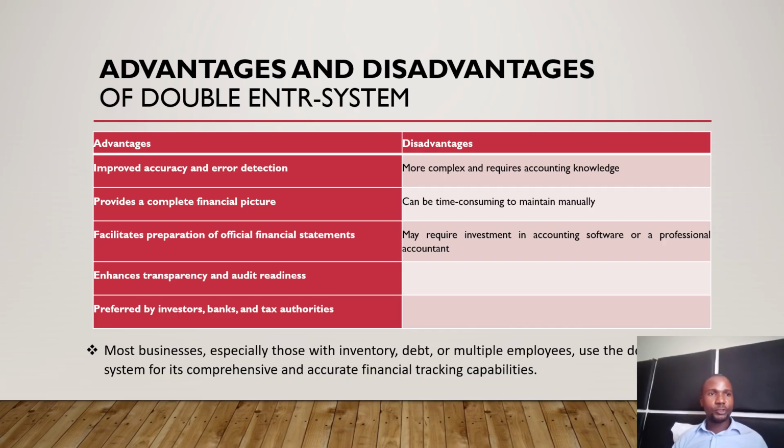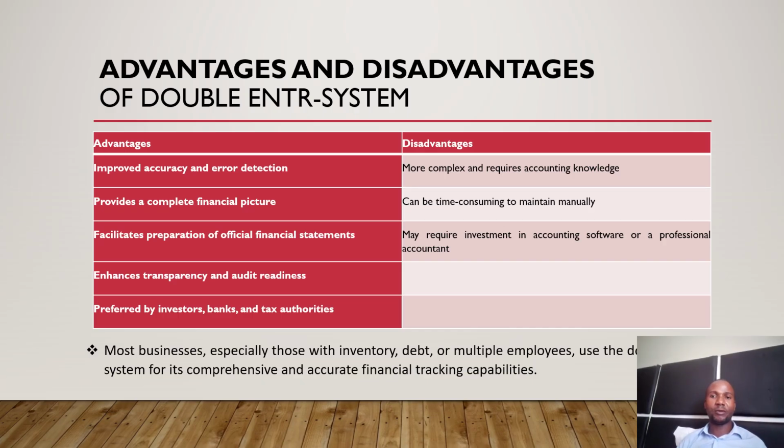In an ideal situation, companies handle numerous thousands of transactions, so it will be very difficult for you to do double entry manually. That brings us to the third disadvantage, which says it may require investment in accounting software or a professional accountant.